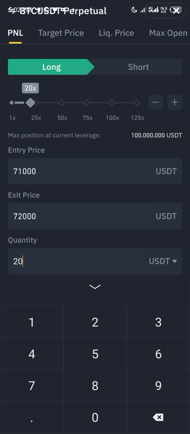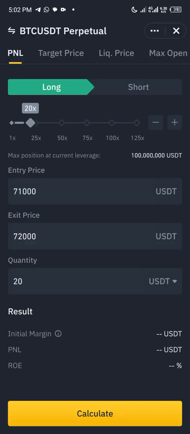Regardless of the leverage you are using, if you are using 30x leverage, you will multiply it by the amount you are willing to take down to the trade. So now I want to use just $1, then you multiply 20x leverage by $1, which is 20. So you are going to input 20 USDT here. After inputting that, you just click on calculate.